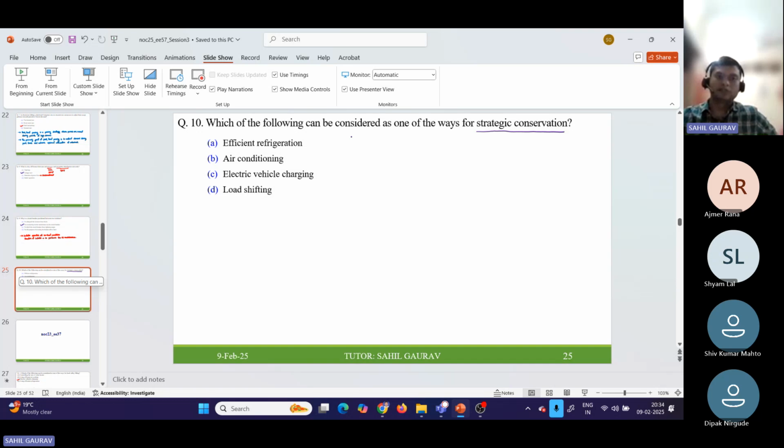In this problem, one thing I want to mention: it is a multiple select question. More than one option is correct.